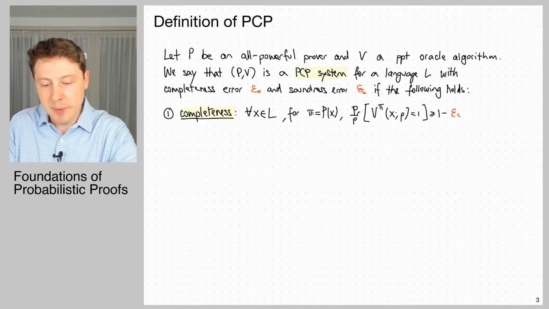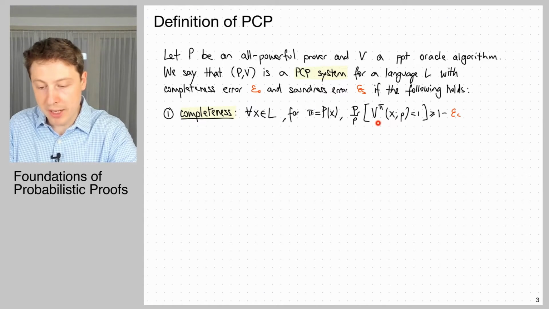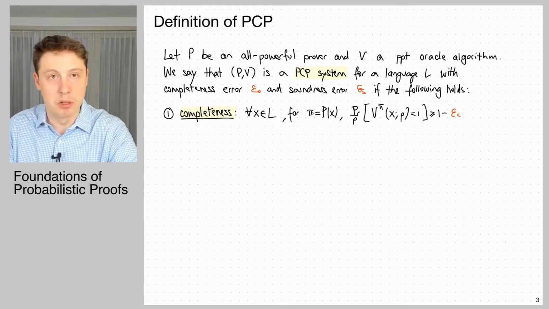Also, in the NP case we don't have randomness, so now we have a randomness condition. For every x in L, namely for every true statement, the honestly generated proof by the prover is such that if the verifier probabilistically checks it, where the probability is over the verifier's randomness, then it accepts with some reasonable probability.